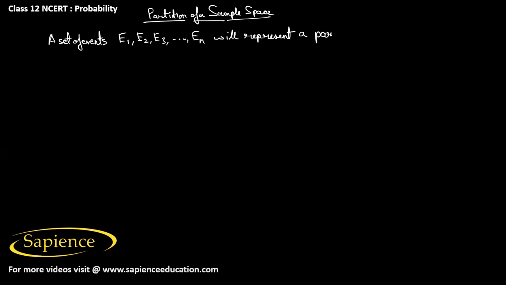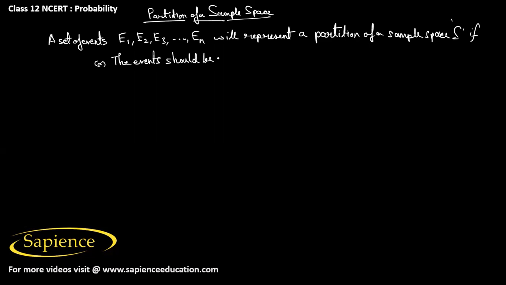So a set of events will represent a partition of a sample space S if the first condition is that the events should be pairwise disjoint.